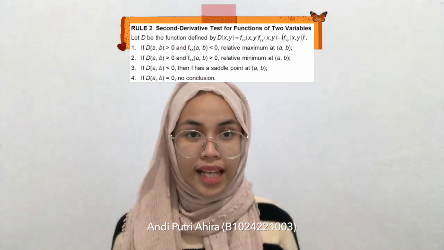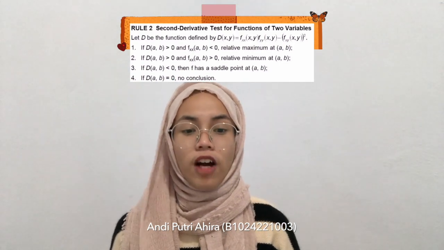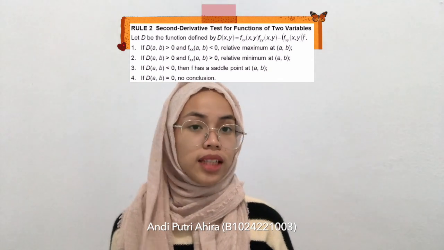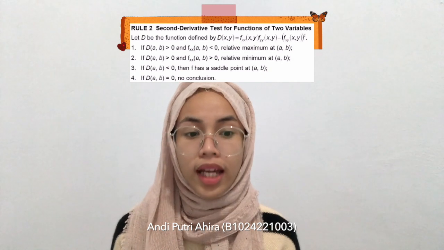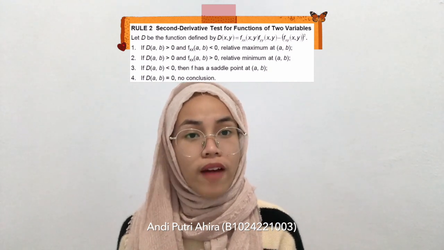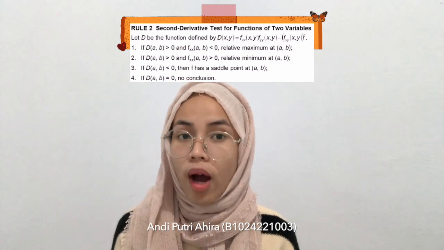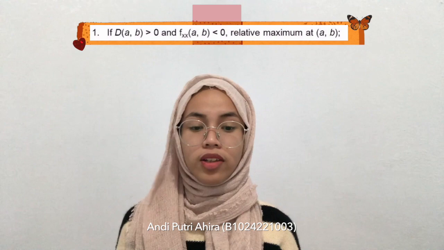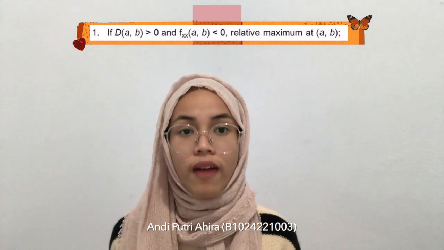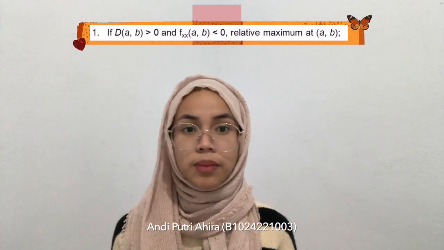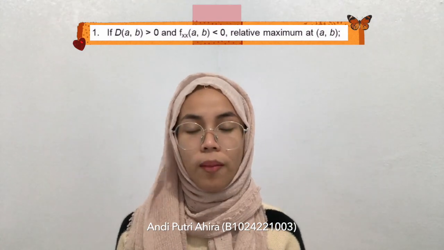So for the D-test, let D be the function defined by D of x, y equals fxx of x, y times fyy of x, y minus fxy of x, y squared. If D of a, b is bigger than 0 and fxx of a, b is smaller than 0, then it's a maximum point at a, b.